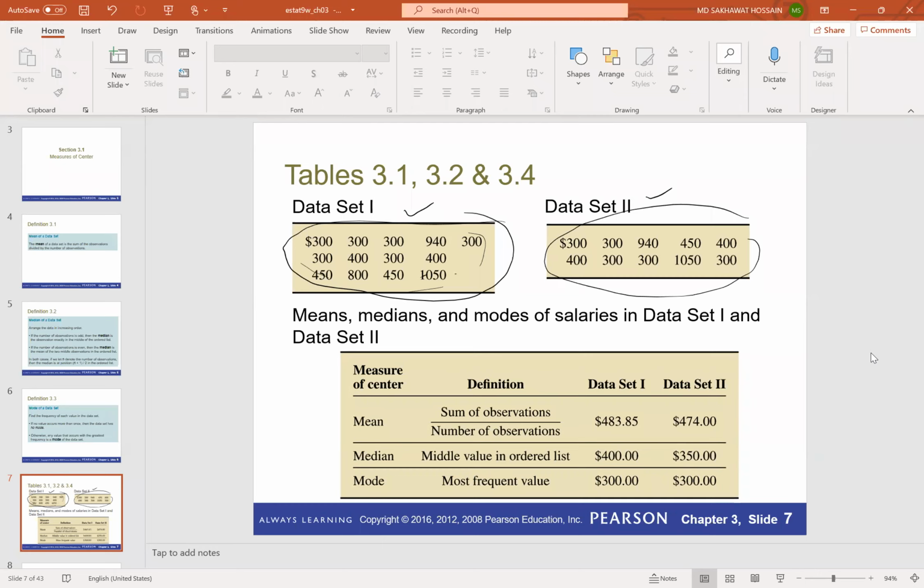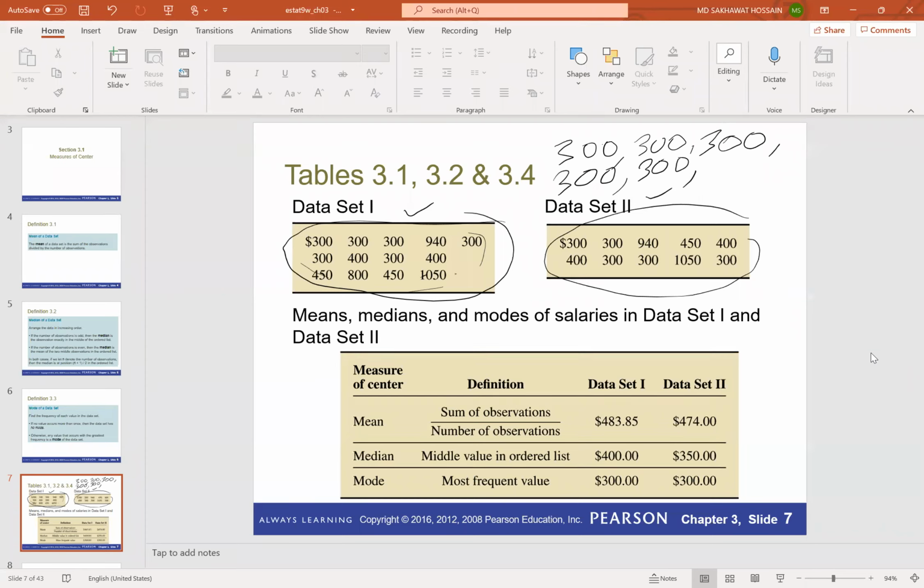To find the median, first you need to rearrange the numbers in order. For data set 2, write them in ascending order, that means from smallest to largest. The smallest number is 300, the next one is also 300, then 300, 300, and one more 300.